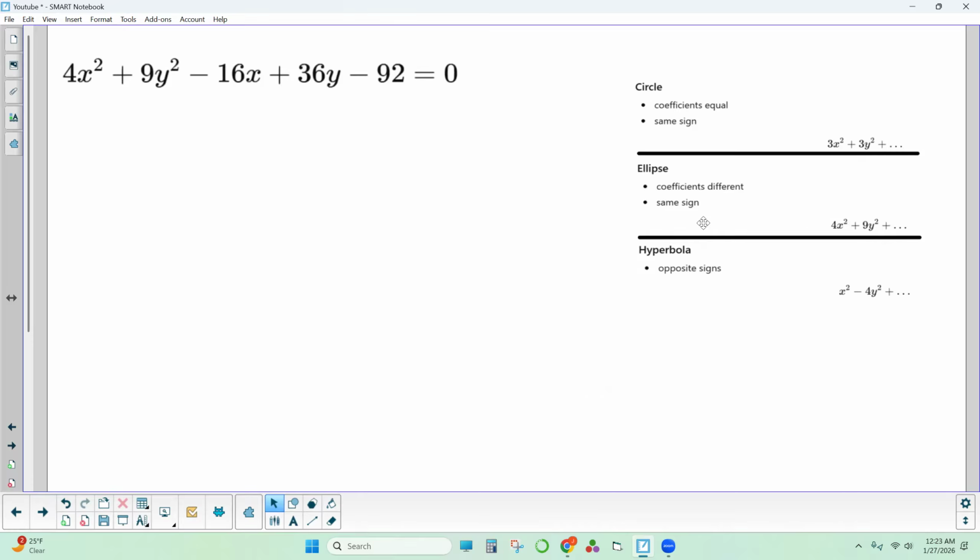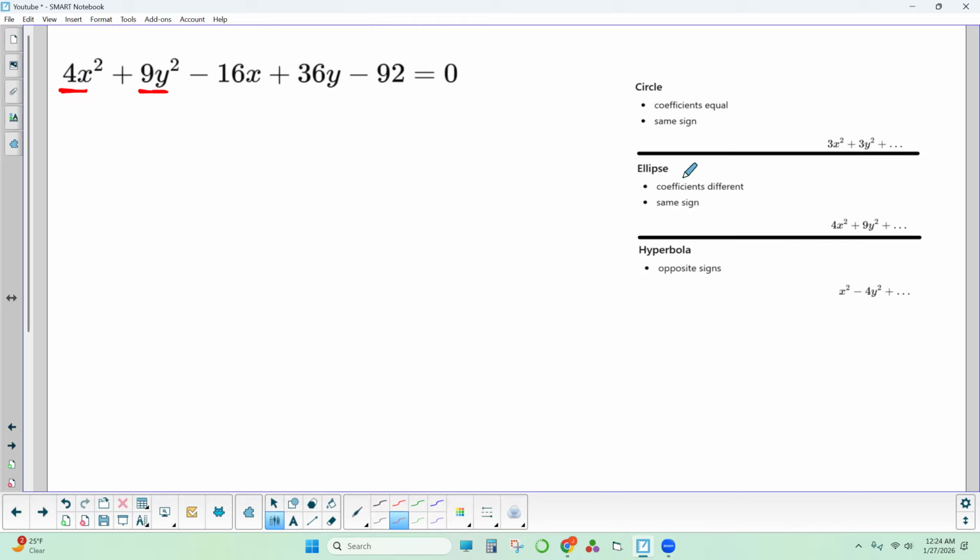Over here, I've got a little chart for you that outlines how you know which one you're looking at. If it's a circle, your squared coefficients are going to be the same, and they are going to have the same sign, both positive or both negative.